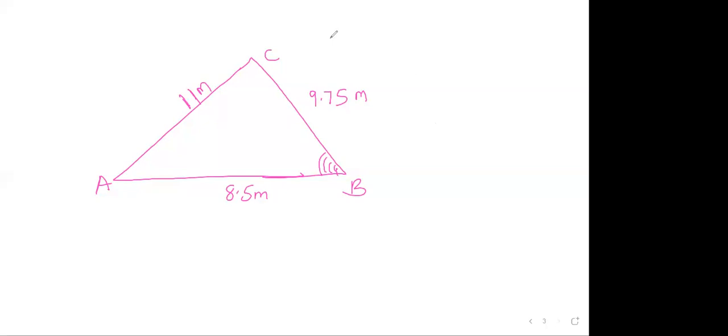I got cos B is equal to A squared plus C squared minus B squared divided by 2AC. Okay, continue, Pal.